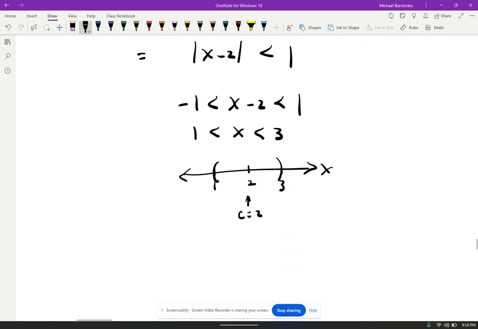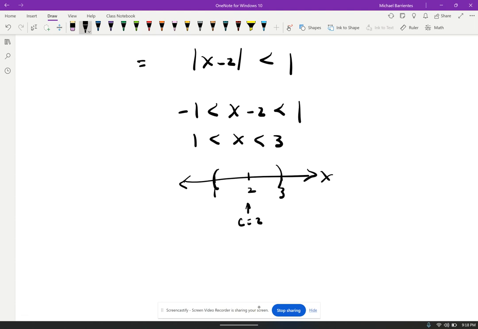So if the center is 2, I know that there's a symmetrical width to go this way and width to go this way. And that width we call the radius, and the radius is 1. So from the center, I have a radius 1, and it could go to the right or it could go to the left, but any of these values between 1 and 3 will produce a convergent power series, any of these x values.